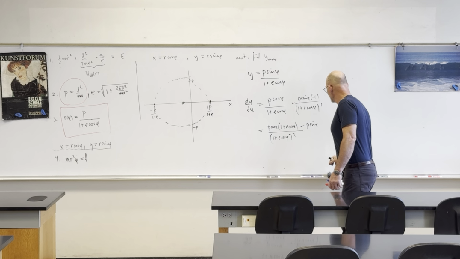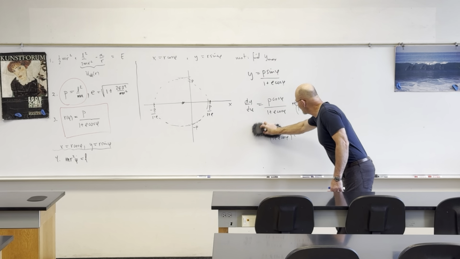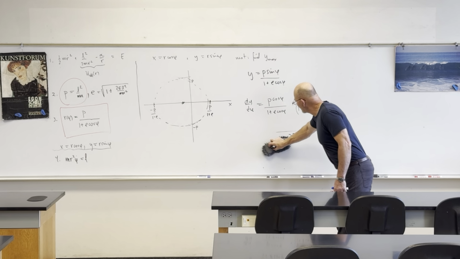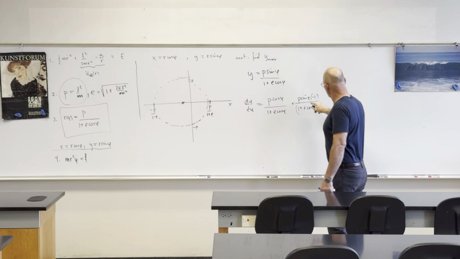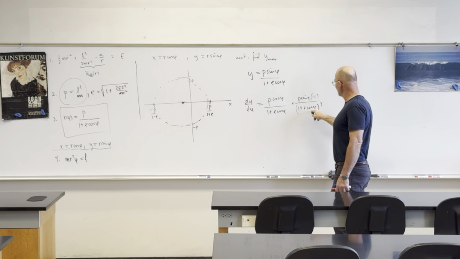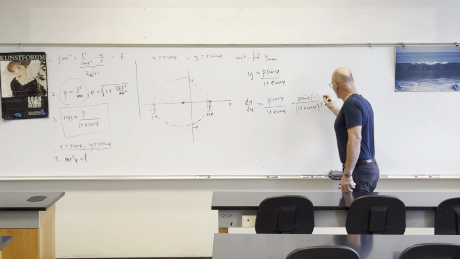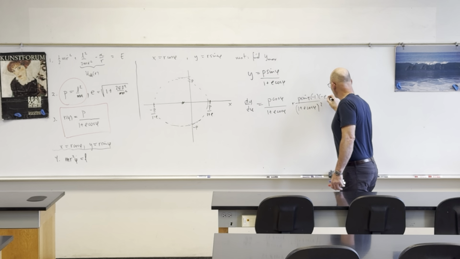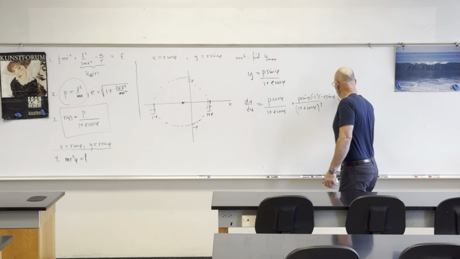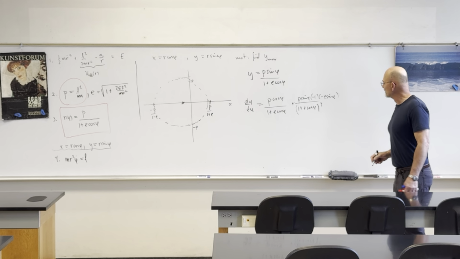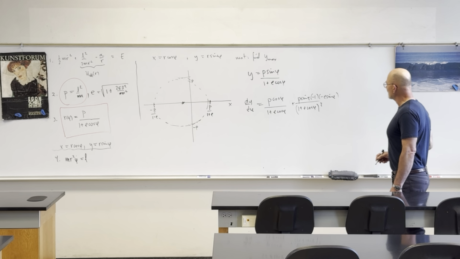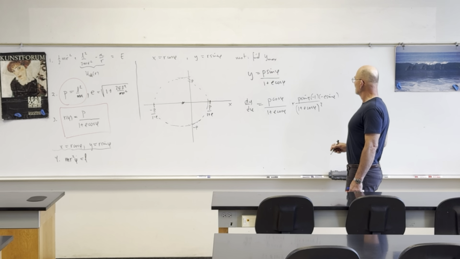Hold on. Let's return. This one was p sine phi times negative 1 over 1 plus e cos phi. I had to have negative e sine phi. I missed the derivative on the chain rule.